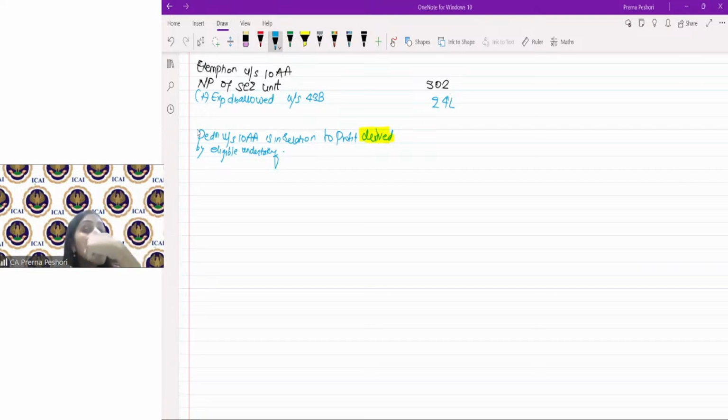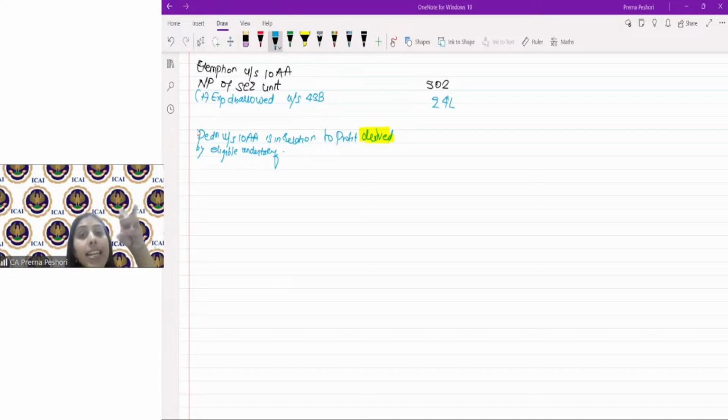But there the interpretation was on the term derived. The court held that the subsidies were received in order to reimburse the cost incurred by the assessee in manufacturing and selling of the product.